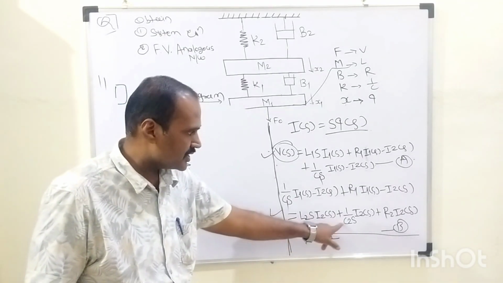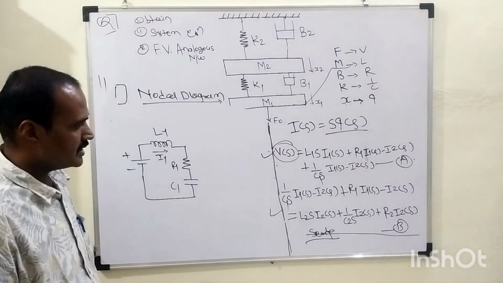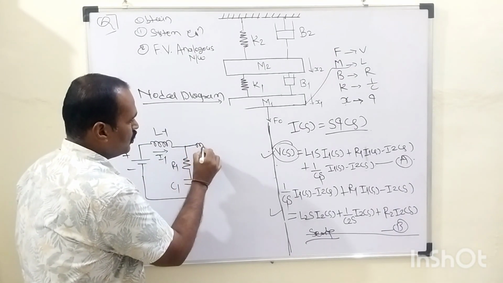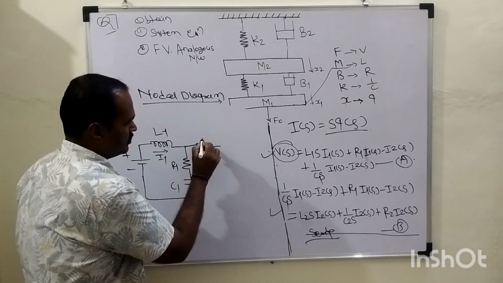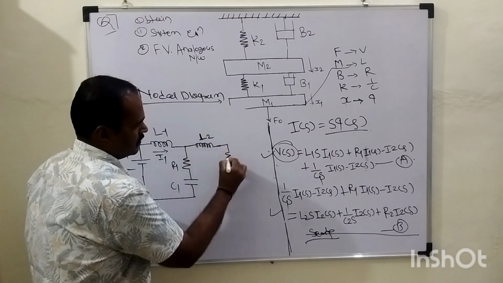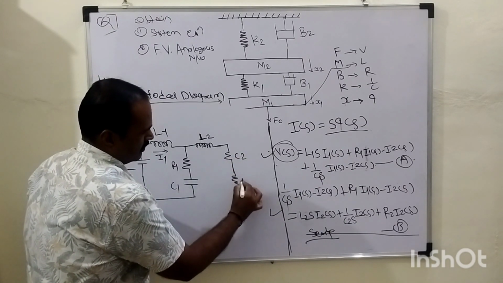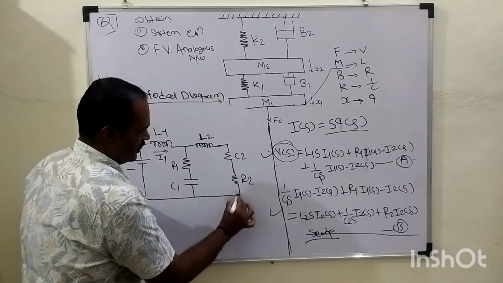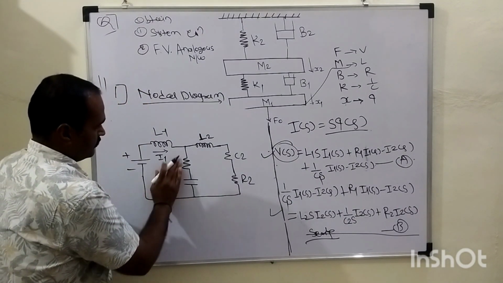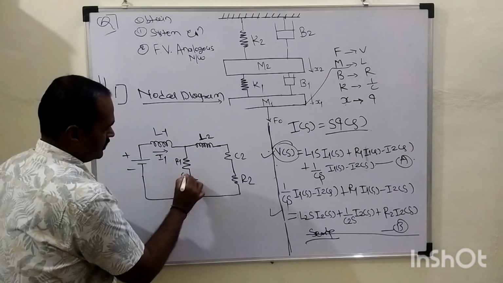L2, C2 and R2, and the same current flows through this L2, C2 and R2. So those are connected in this way. This will be the second loop of that network, belonging to I2. This is nothing but L2, this is C2, and this is R2, right? And this is R1, this is C1.